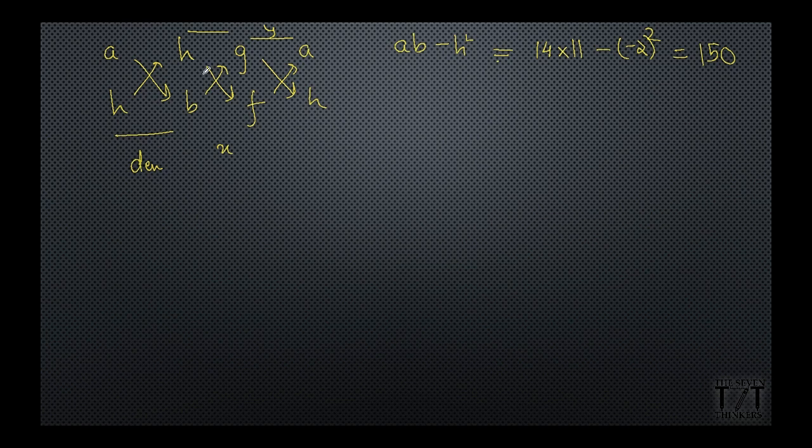that is equal to 150. Now for the numerator part of x, that is hf minus bg, by cross multiplication we put the minus sign between it.